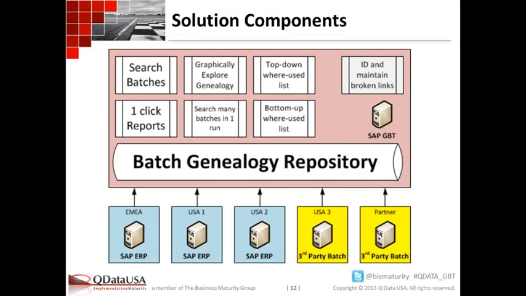And then the one admin type function is, let's identify and maintain those broken links in the system. So even if our systems at the bottom are misbehaving and they're not doing their work properly, if we're able to analyze and identify a particular broken link, then there it is. You're able to go and fix it.